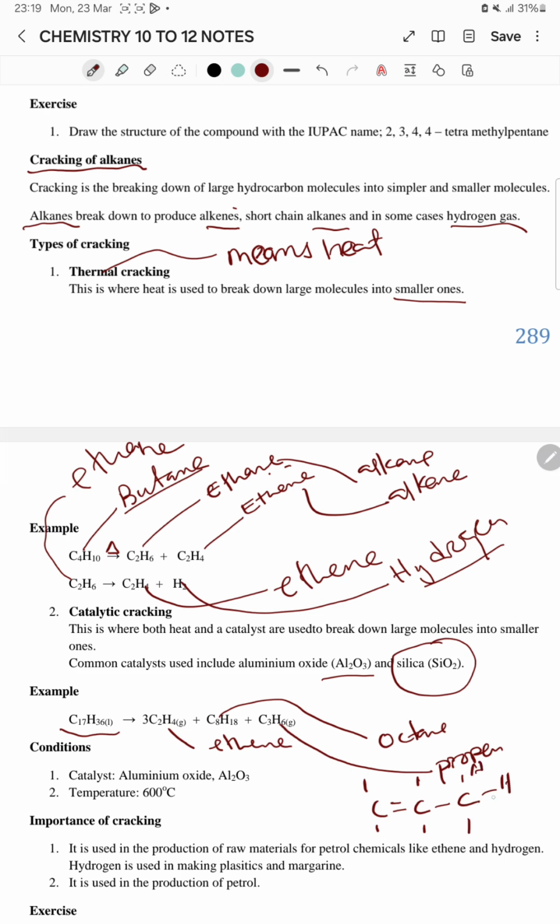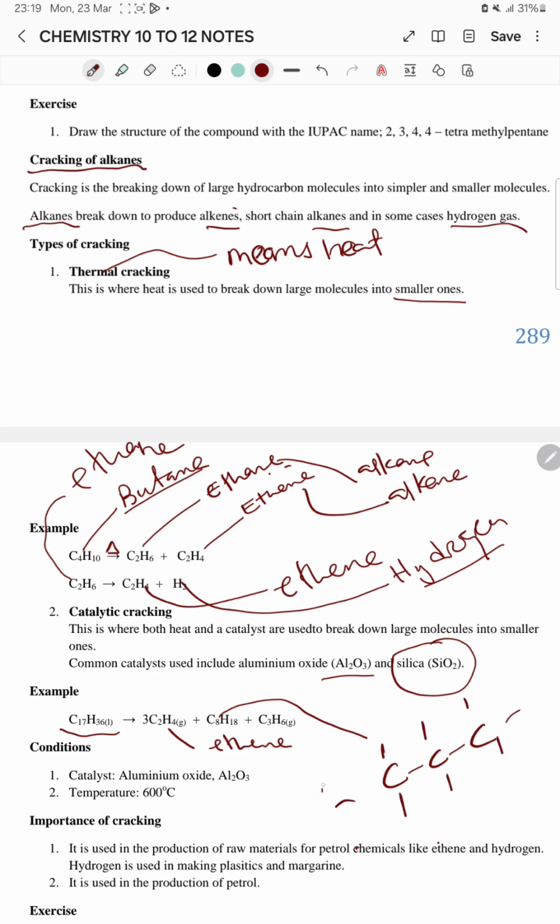Let me just verify here. There's supposed to be 8 carbons, so this one is going to be octane, and this one is going to be propane and not propene. So this is 1 2 3 4 5 6 7 8.